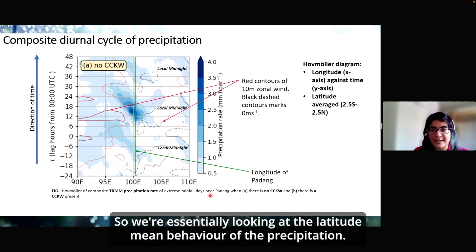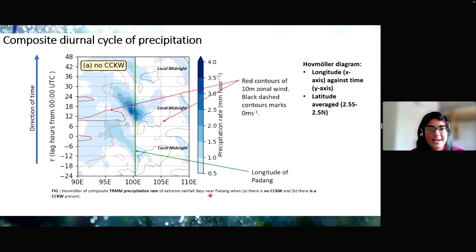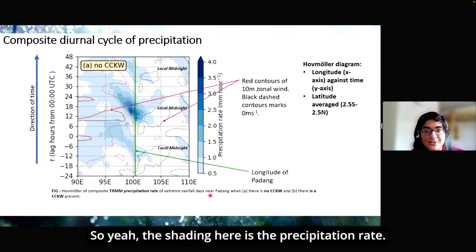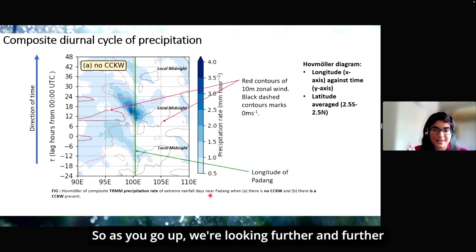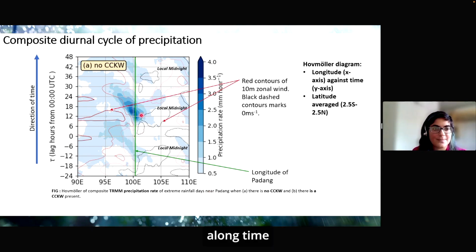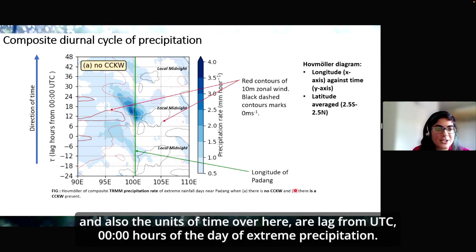So we're essentially looking at the latitude mean behavior of the precipitation. The shading here is the precipitation rate. And as you go up, that's the direction of time, so we're looking further and further along time. The units of time over here are lagged from UTC 0-100 hours of the day of extreme precipitation.